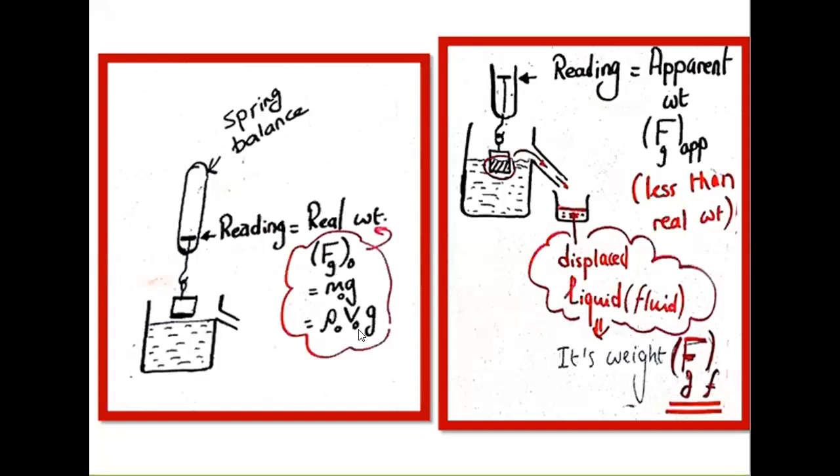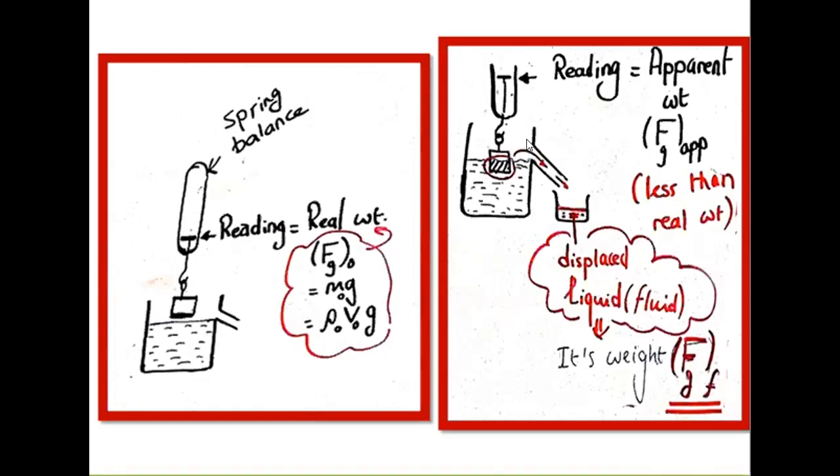Well, now we will put the object in the liquid. What will happen? It will displace a part of the liquid. So some amount of liquid will be displaced, and this is called displaced liquid or fluid. We will collect this fluid in an external beaker.